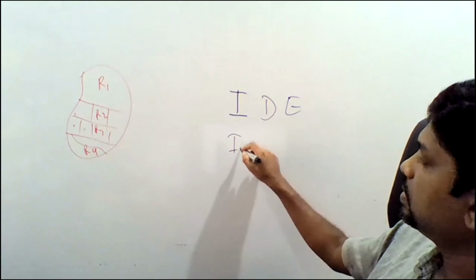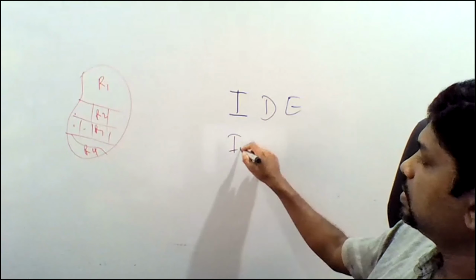Normally, in the early days, we had to use several softwares. That means there's a software to type the program, another software to compile it. Likewise, we had to use several computer programs. Now all the things are integrated into one. That's why the term integrated is used.